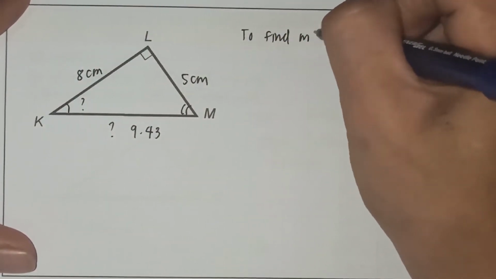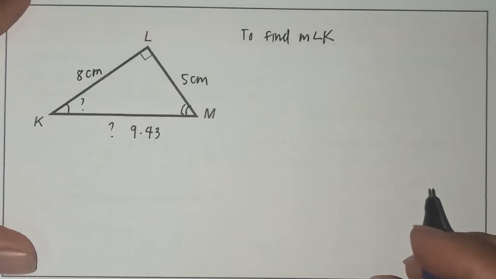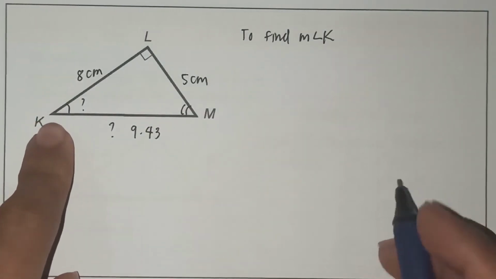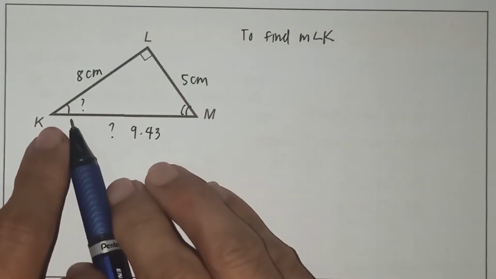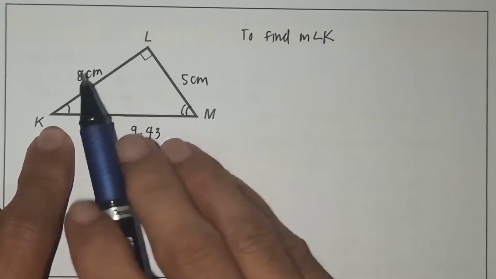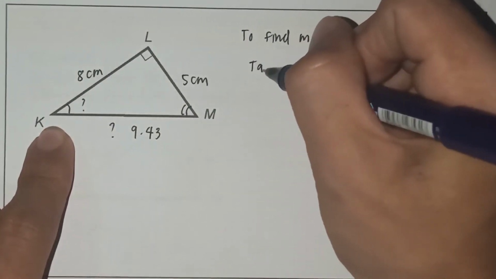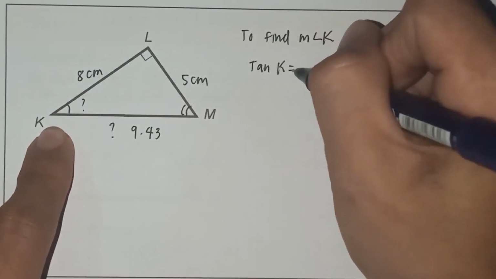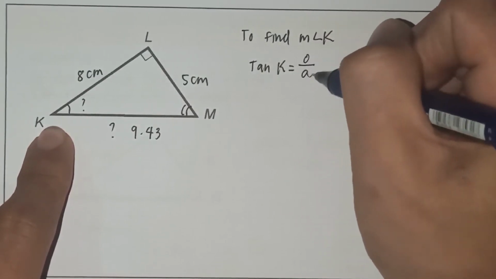To find the measure of angle K, we will be using the given. In angle K, which is the reference angle, the opposite and the adjacent. So we'll be using tan K is equal to opposite over adjacent.